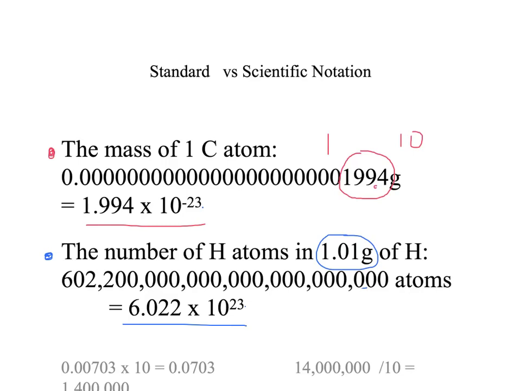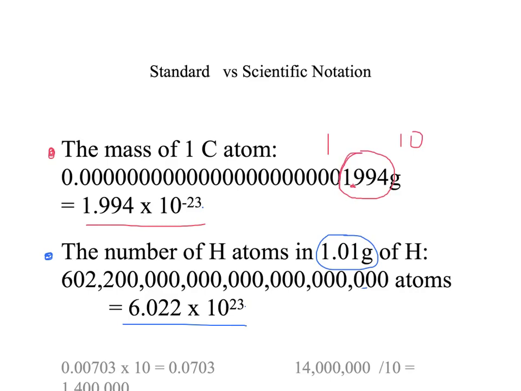That's 199.4. I could have put it likewise between the 9s, and that gives me 19. That's not what I want either. I therefore am putting the decimal here between the 1 and the 9, and that gives me 1.994. That is a number between 1 and 10.